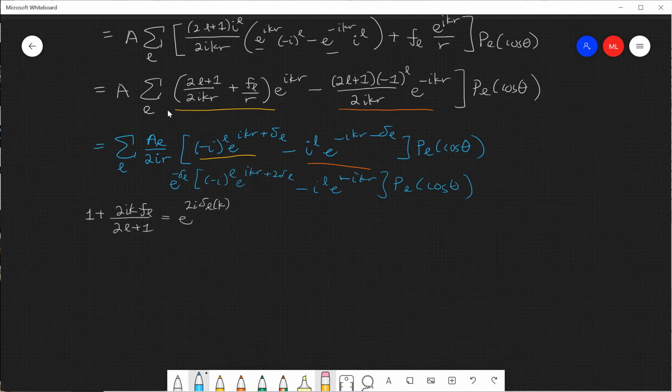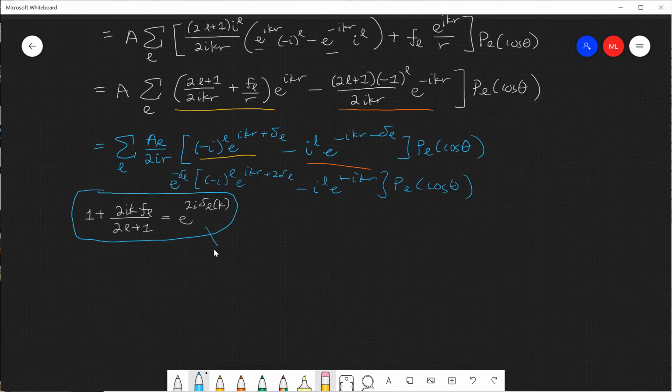And of course the A's are also involved, but you get the idea. You have two equations, one from the outgoing wave and one from the incoming wave, and two unknowns. One is the delta_L's and the other one is the A_L's, and you just want to solve for those. And if you do that, you eventually get this solution for f_L.